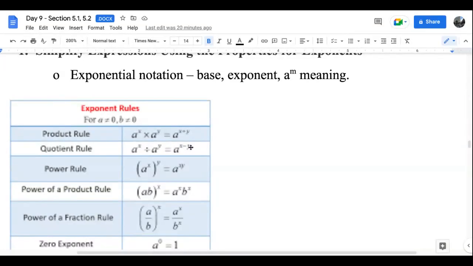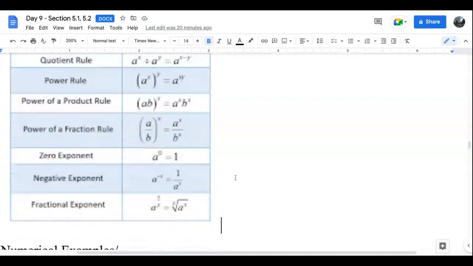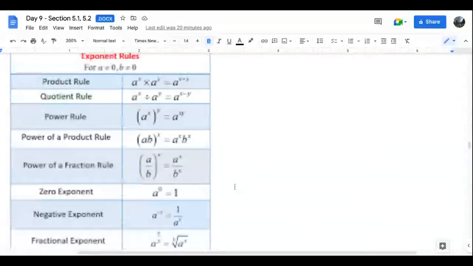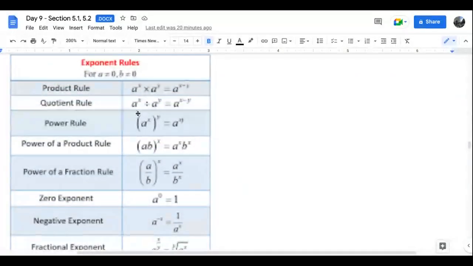In the denominator, the exponent becomes negative. Similarly, if we have the same base but division, we subtract.